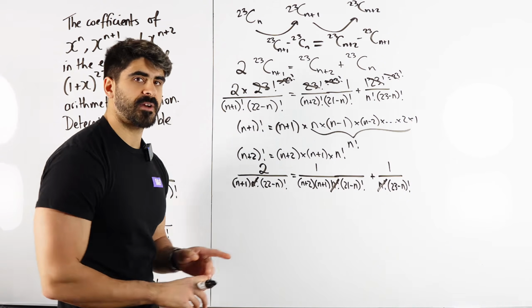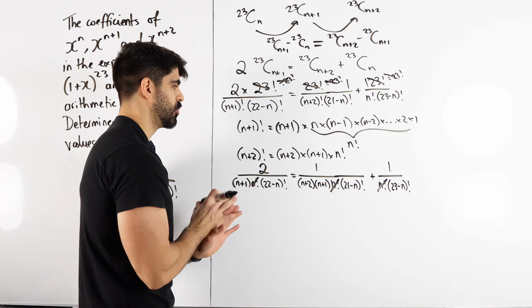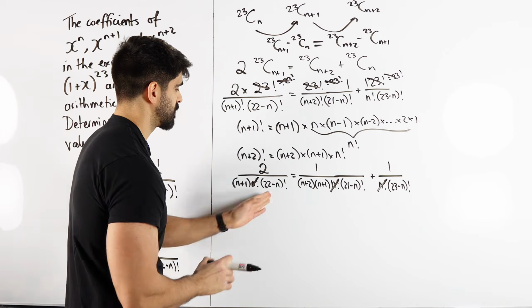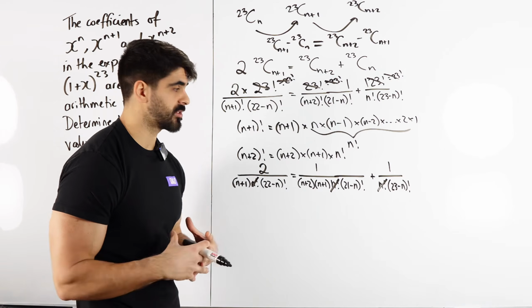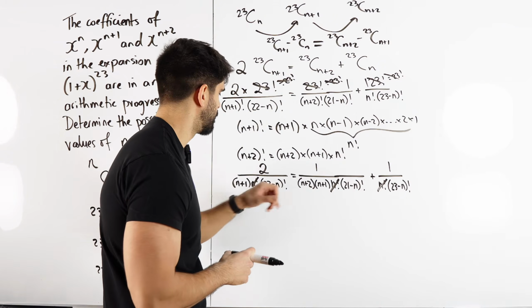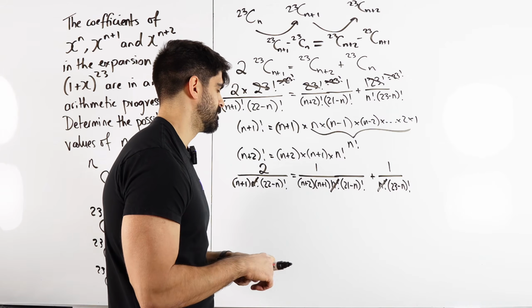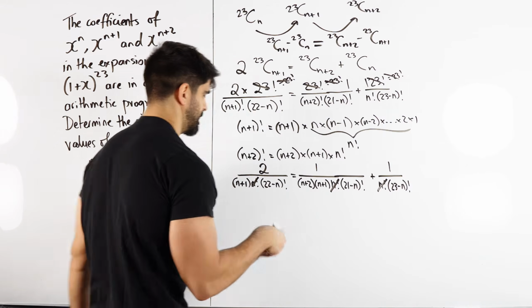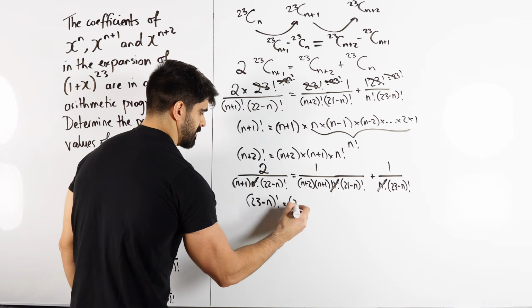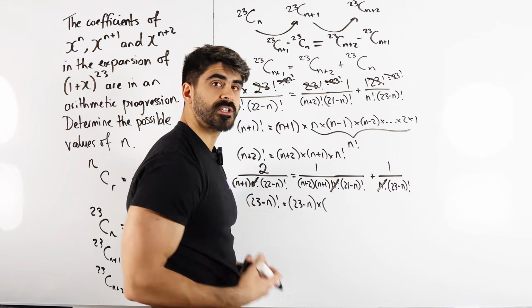Now remember we cancelled out n factorial, we cancelled out the smallest one. So we need to rewrite the larger ones in terms of the smaller ones. So over here, you need to decide which one's the biggest. Well, the biggest is this, because there's the bigger number in front. Okay, we're going to rewrite all of them in terms of the 21 minus n factorial. Now 23 minus n factorial is going to be 23 minus n, multiplied by the term before it, you're going to subtract 1.